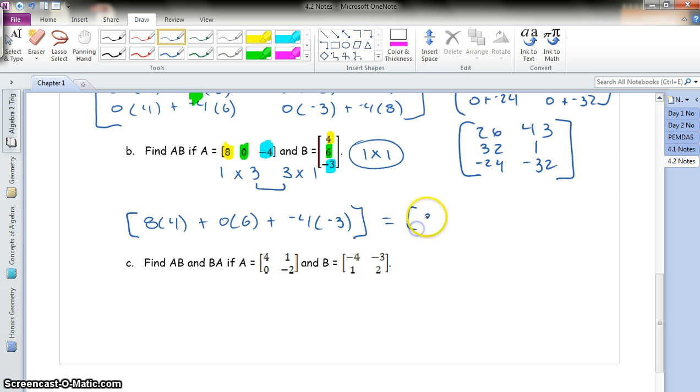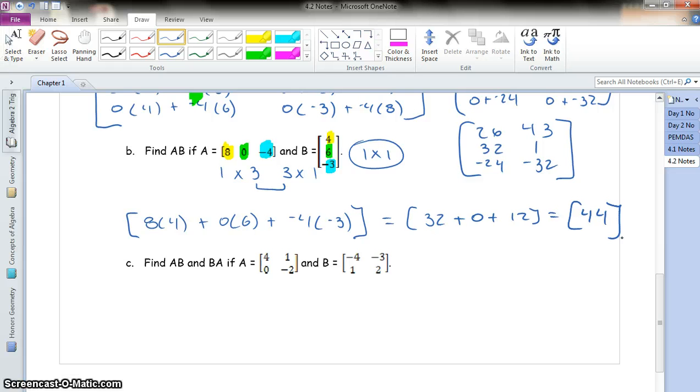And I got 32 plus 0 plus negative 12. I'm sorry, plus 12. We have a negative 4 times negative 3, which gives me a positive 12. So my resulting matrix is a single entry of 44. 32 and 12 give me 44.